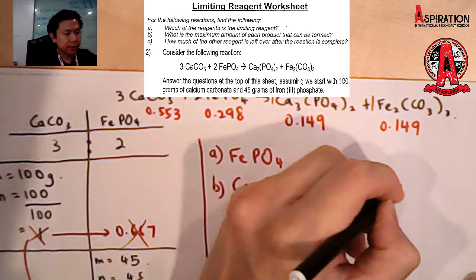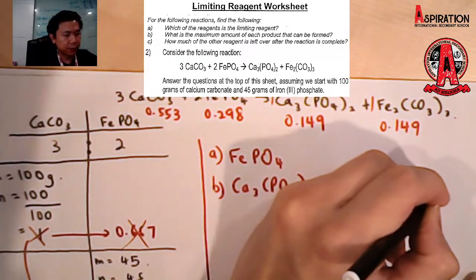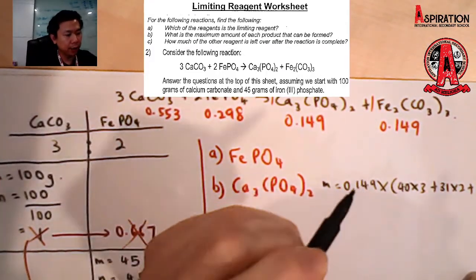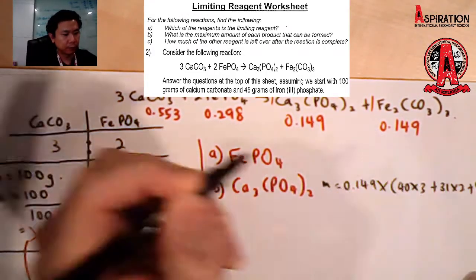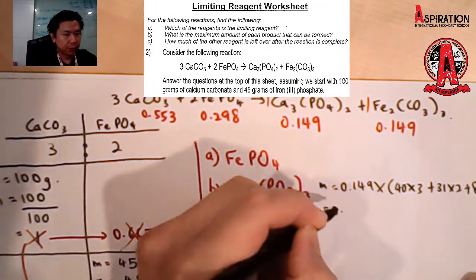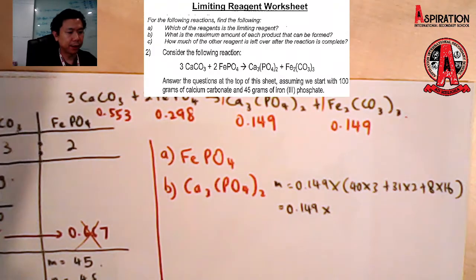Calcium is 40 and there are 3 calciums, phosphorus 31 times 2, and in total we have 8 oxygens. So 0.149 multiplied by, come on, all of you, put down your molar mass in the comment section.